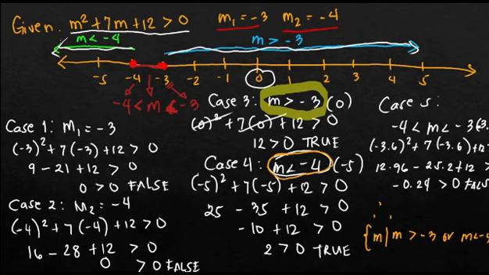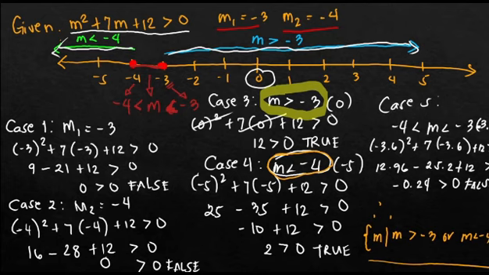And then bracket ulit. So, kung ano yung mga nag-true, yun lang yung solution set nung m squared plus 7m plus 12. So, doon ang galing yon. So, our solution set, ito yung hinahanap natin. M such that m is greater than negative 3 or m is less than negative 4.